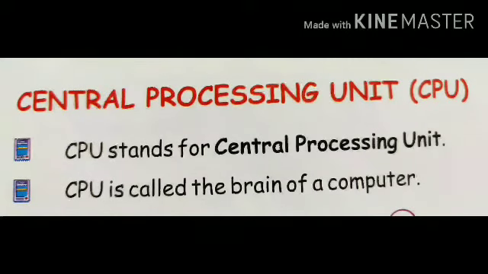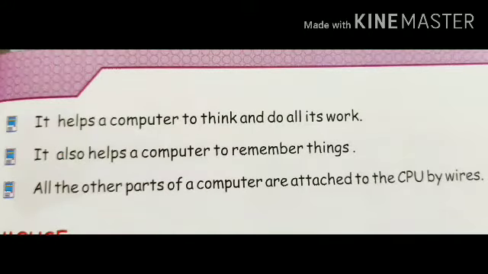So this was the central processing unit. Let's see the main points. CPU stands for central processing unit. CPU is called the brain of the computer. It helps a computer to think and do all its work. It also helps the computer to remember things. Whatever you store in the computer, it remembers all of it.